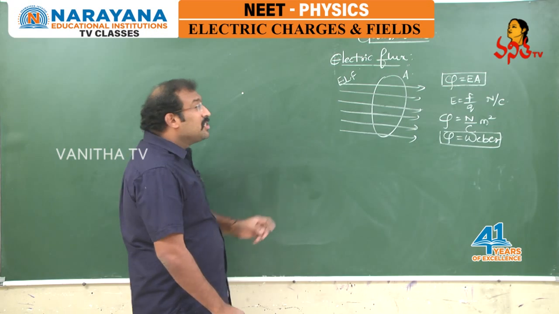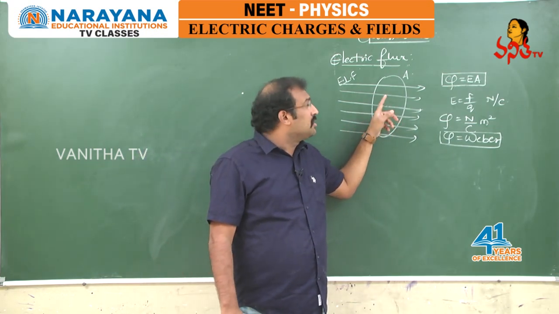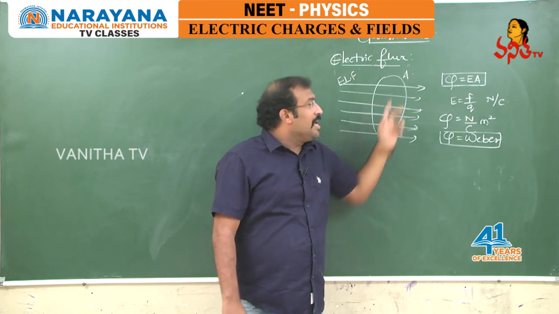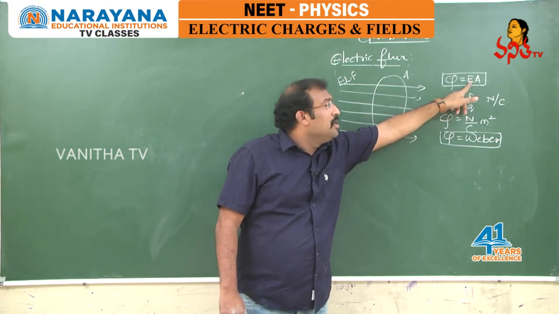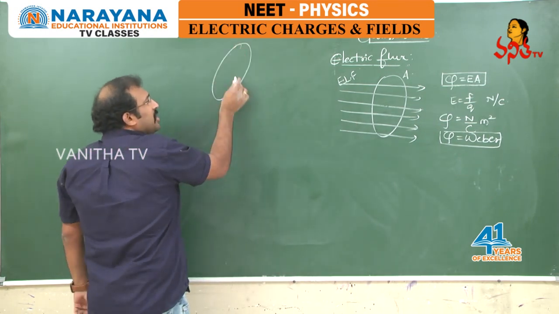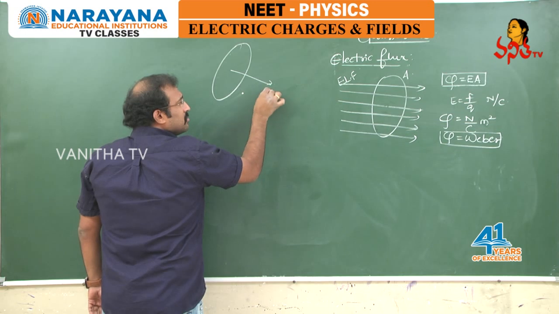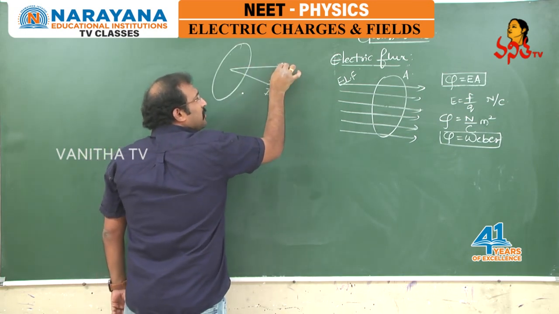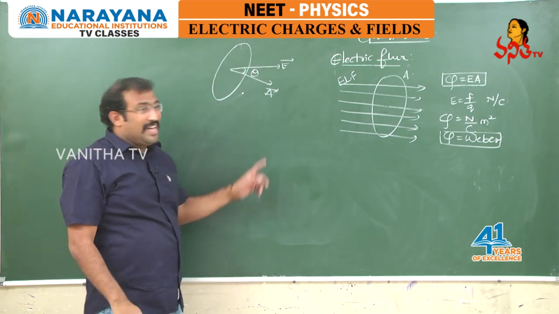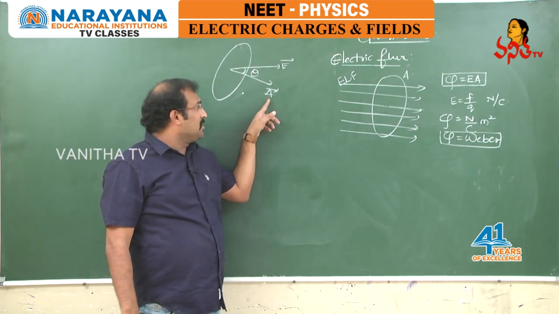Suppose the electric field lines are not passing through the surface perpendicular to it, that is, the electric field is not perpendicular to the area, then we will see it like this. Suppose this area vector is like this and the electric field vector is making an angle theta with the direction of the area vector.